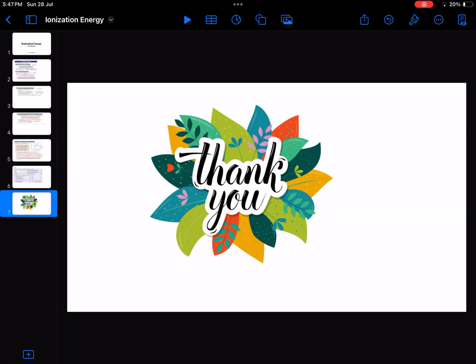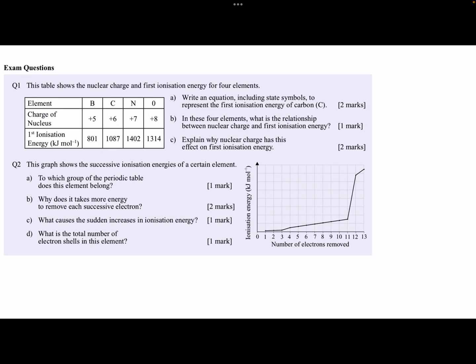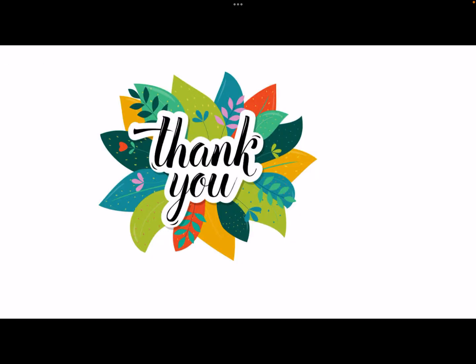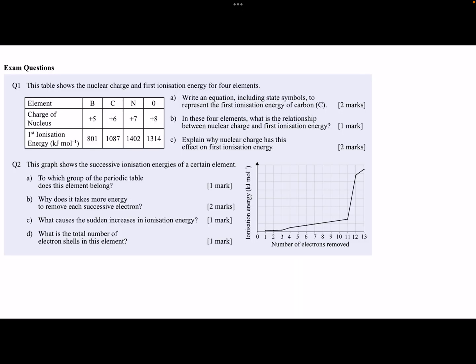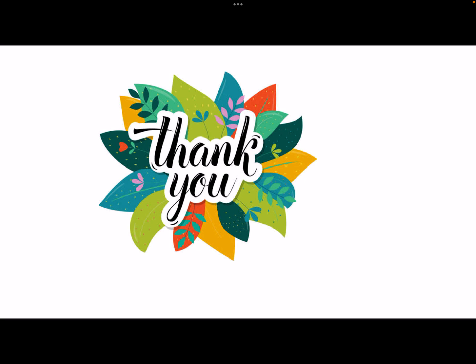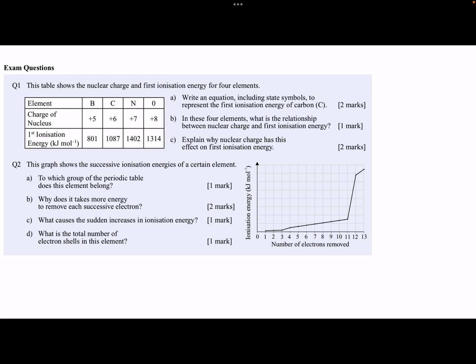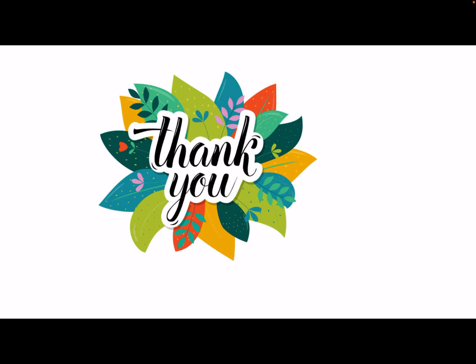Sorry guys, so I have 3 electron shells present in this diagram. All of these are information we can conclude from this graph. Okay, I hope the topic of ionization energy was clear for everyone.